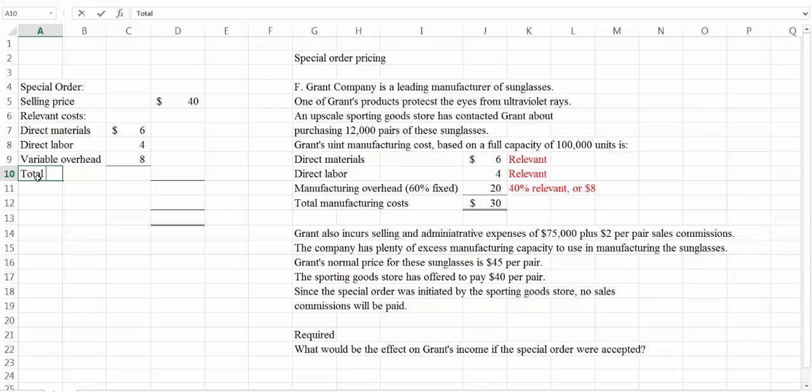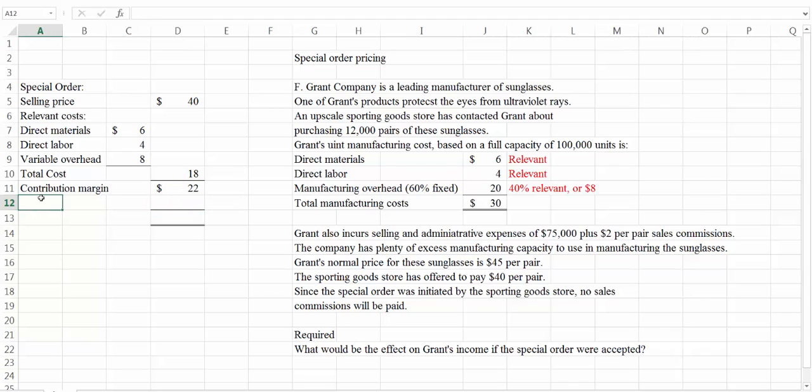Total cost per unit is those three added together, or $18. So our contribution margin, remember selling price minus variable costs gives you contribution margin, per unit is $40 minus 18, or $22.